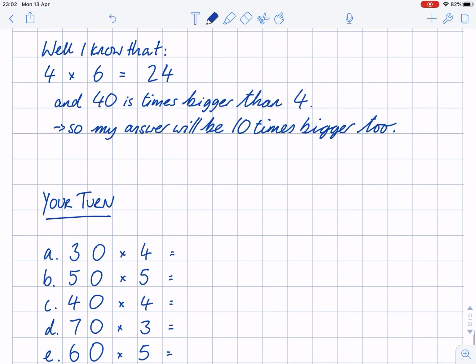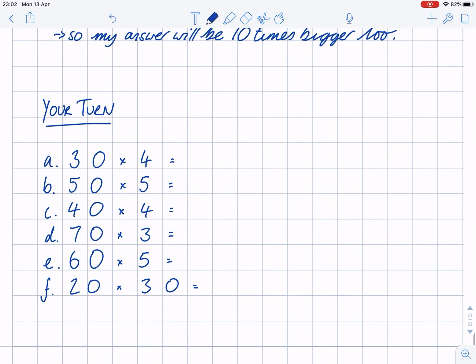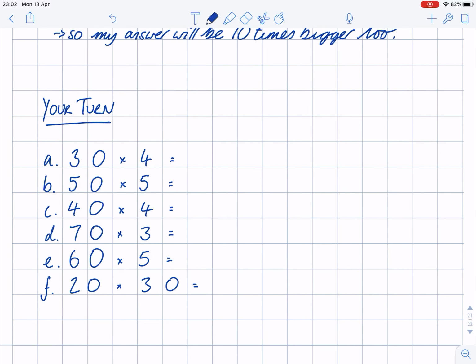And I put here, your turn. How many have I given you? 2, 4. I've given you 6. If we think about this first one, I won't give you the answer, but we'll talk about it together. 30 multiplied by 4. I bet you know what 3 times 4 is. And once you know that, it's relatively simple to work out what 30 times 4 is, because you just need to make this answer 10 times bigger.